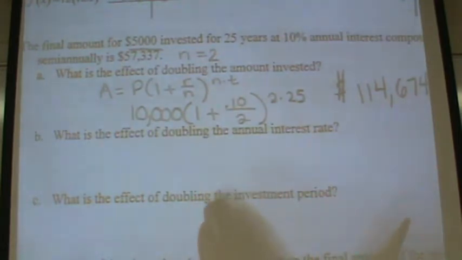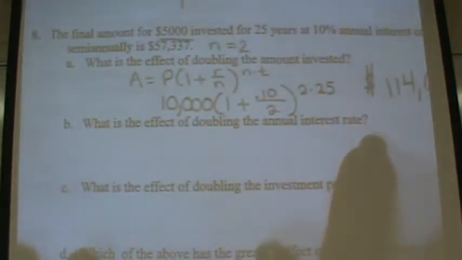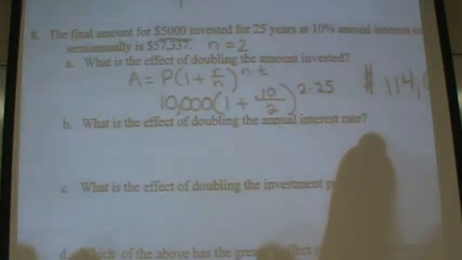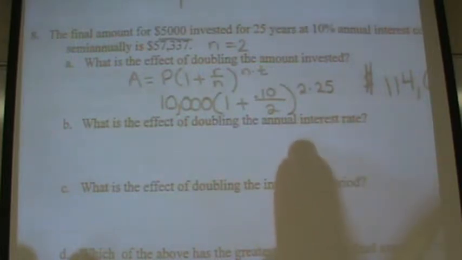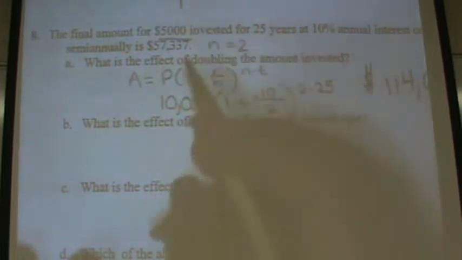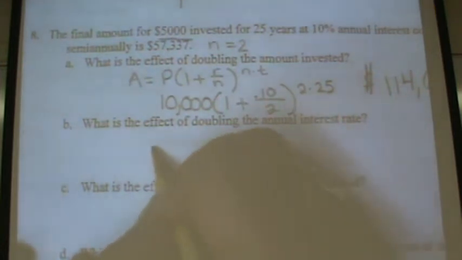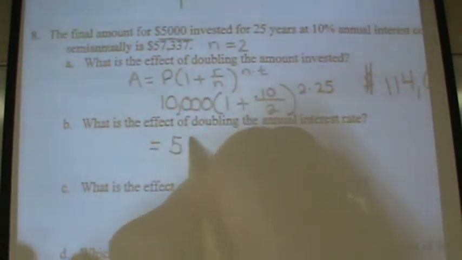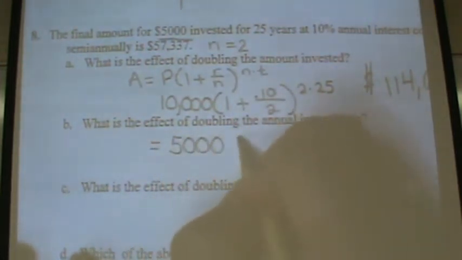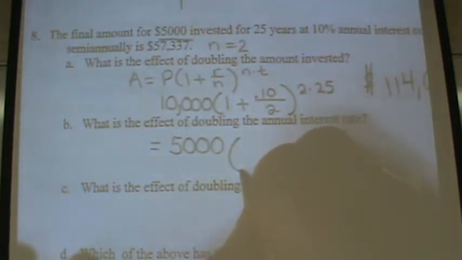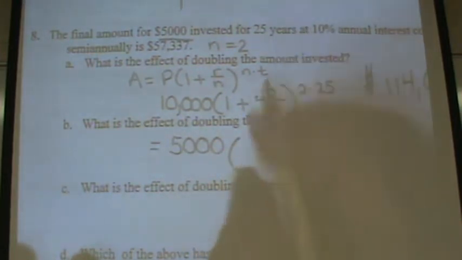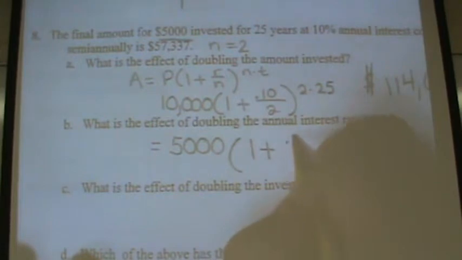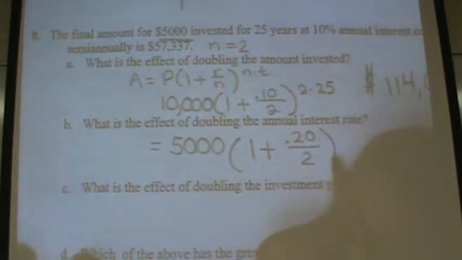What about doubling the interest rate? How do you double the interest rate? In other words, we're going to keep the $5,000 as it is, but we're going to double the R value. How do you double 10%? It'd be 20%. Still semi-annual, so that's 2 times a year for 25 years.